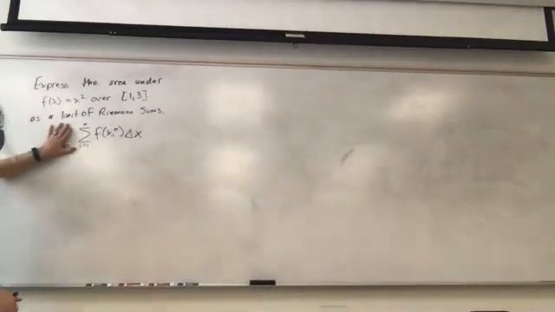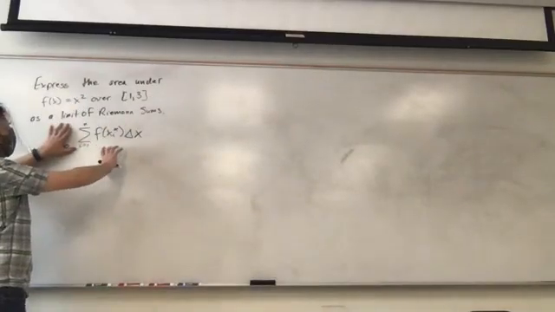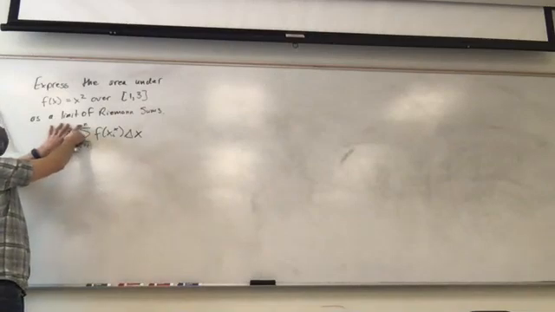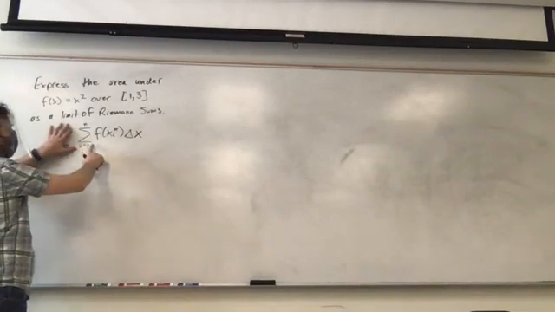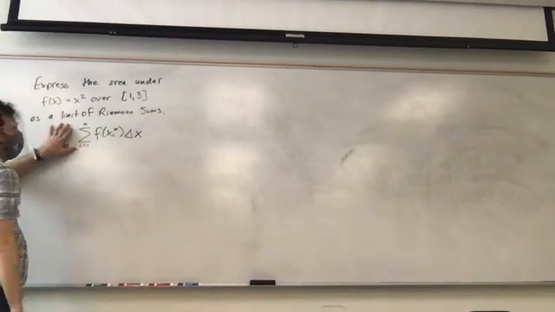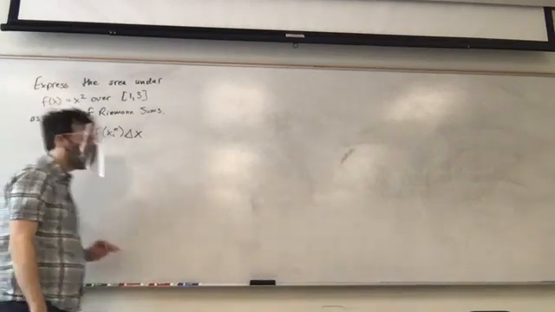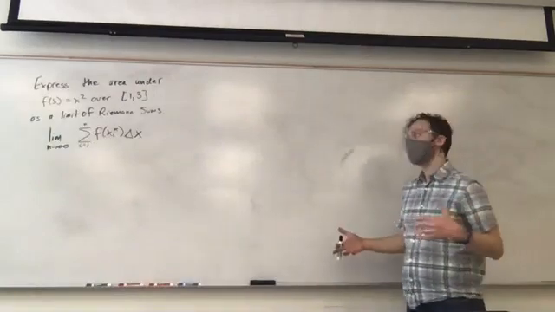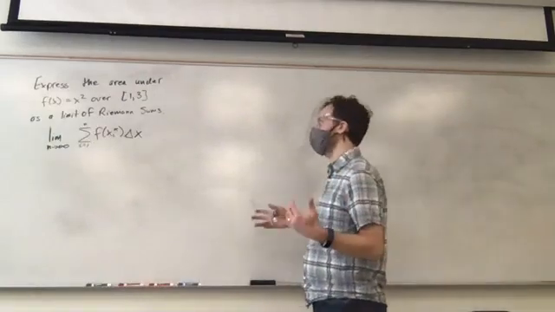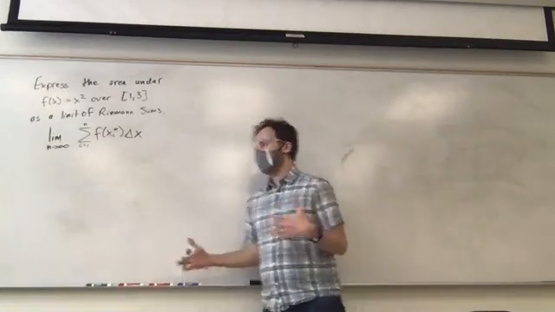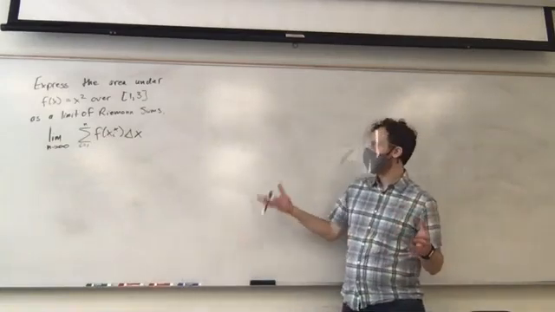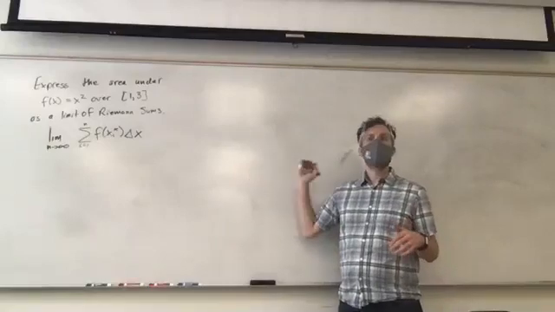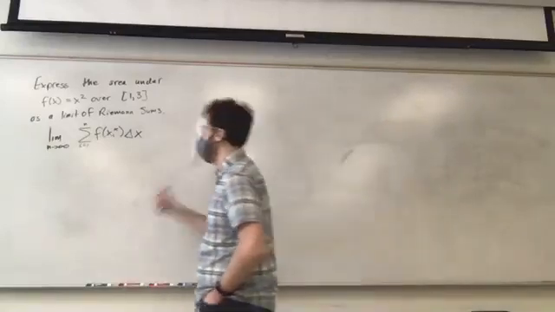So without the limit part, this is saying pick n rectangles and find the area of those n rectangles. Then the limit says you get these approximations for different numbers of rectangles. If you use more and more of these rectangles, the approximation is better and better. It's leveling off towards some number. That number is what we're going to call the area.